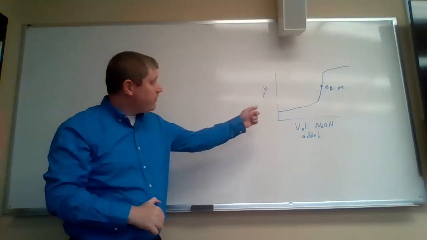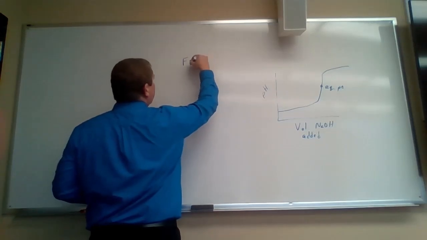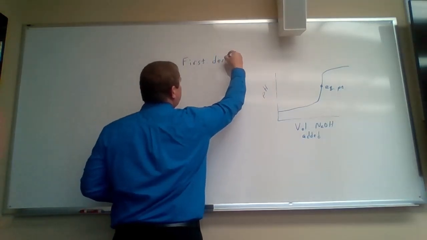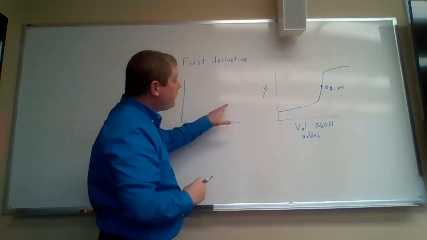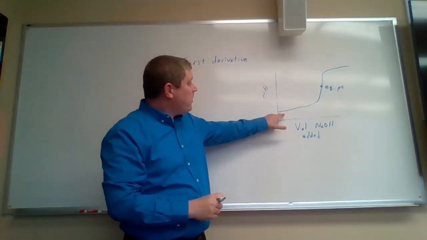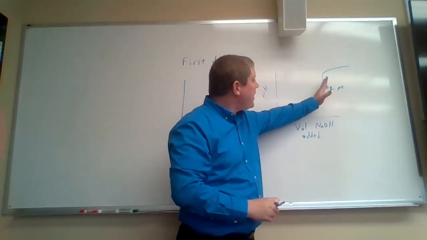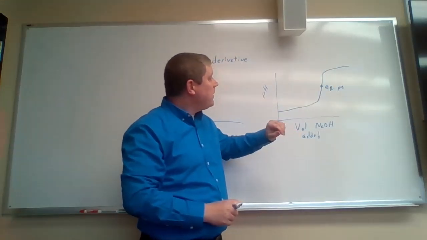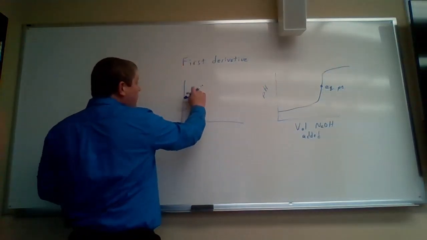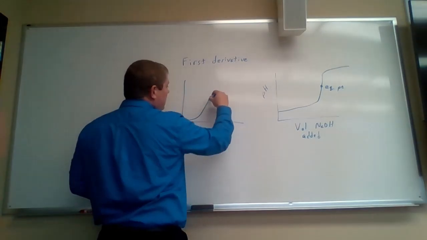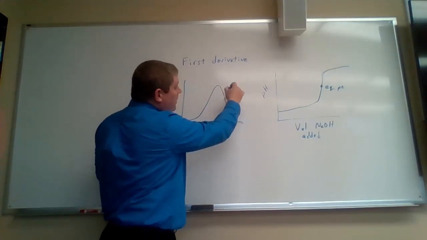Let's take the first derivative of our pH curve. The first derivative is going to be the slope of this curve. So the slope is initially going to start out pretty low. It's going to get much higher as we approach that equivalence point, and then it's going to drop back down to 0. So the first derivative is going to look something like this, where we start out initially low, and it's going to have a higher value.